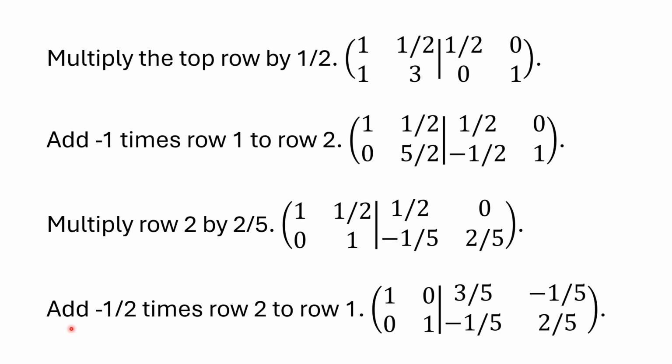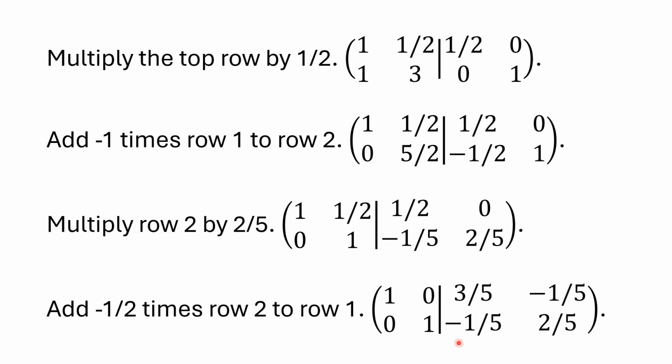The next thing we would do is add -1/2 times row 2 to row 1. So we're going to try to get the 0 here. We've got to take care of this 1/2. Well, -1/2 of 0 is still 0, so we don't mess anything up if we go in the right order. -1/2 of 1 plus 1/2 is 0. -1/2 of -1/5, we're going to end up with 3/5.